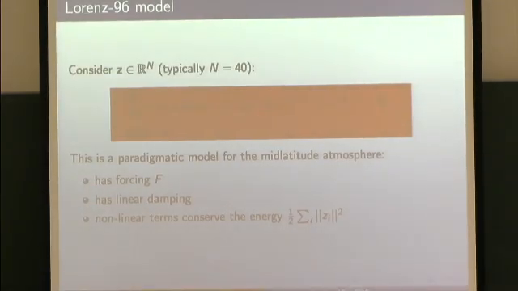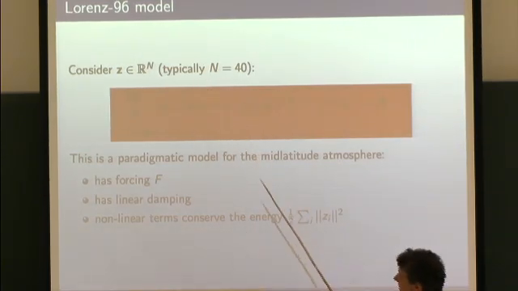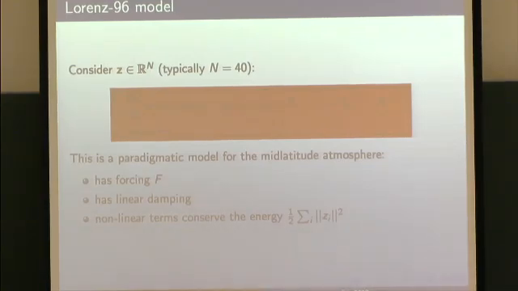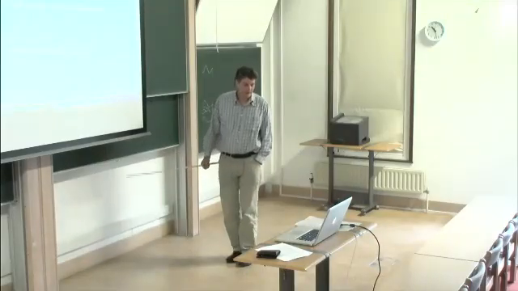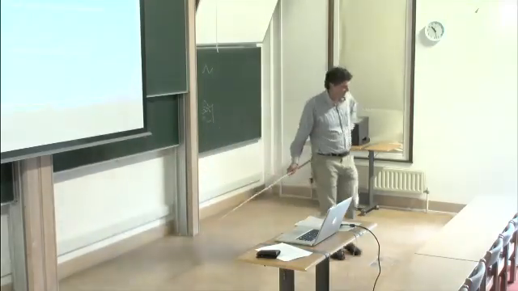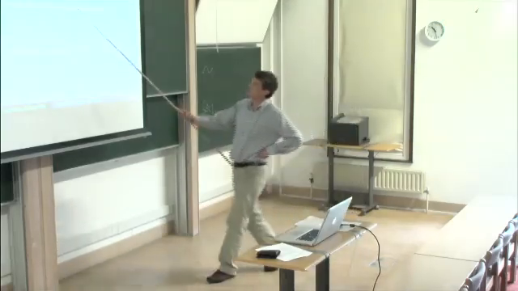As I said, for 1% skill improvements, that would not be very satisfying. So let's look at a different toy model, the Lorenz 96 model that I love very much. You have variables Zi, and Lorenz proposed it as a toy model for mid-latitude weather. What do we want?